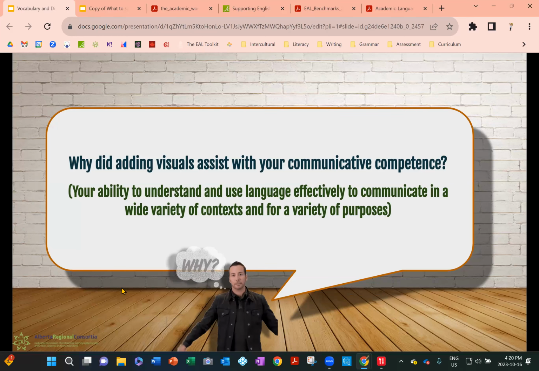So even though I didn't know what the words meant, the pictures helped me, like the name tag and the pen writing. Those are things I recognize no matter the language. Right. Yeah. And then we've got some comments here. It gave some connections to understanding the vocabulary words and making those connections to your prior knowledge, right?